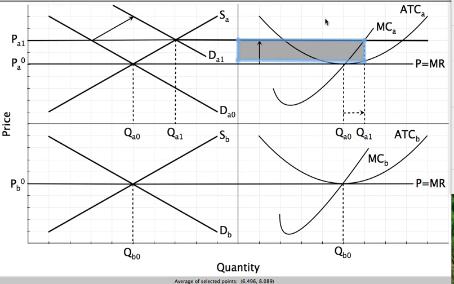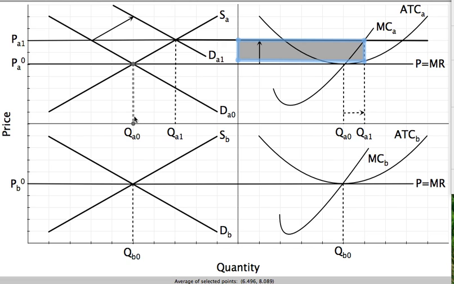That gray shaded area represents the economic profits that the firms making good A are now getting after the shift in demand because tastes and preferences changed. So these firms benefit from the fact that tastes and preferences have shifted to the product that they are producing.